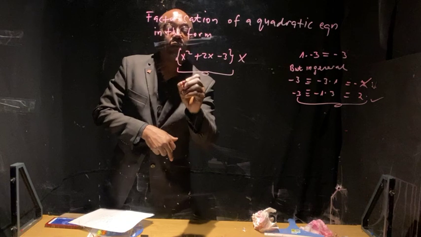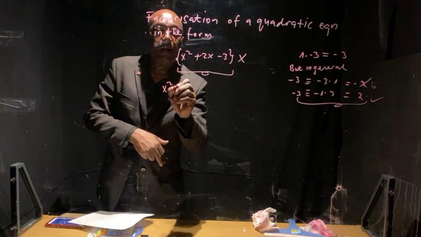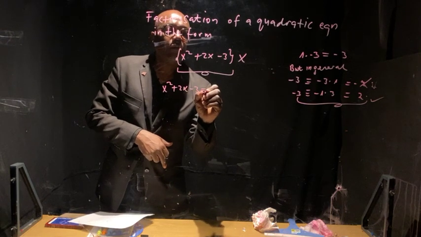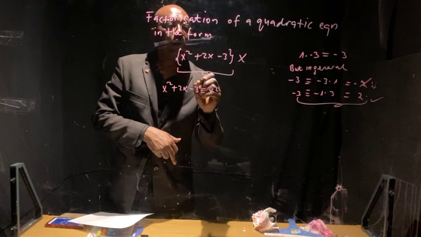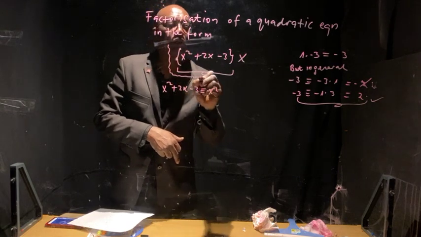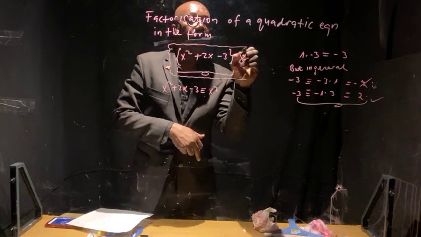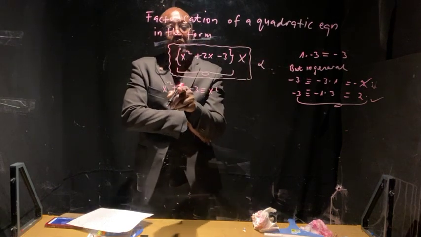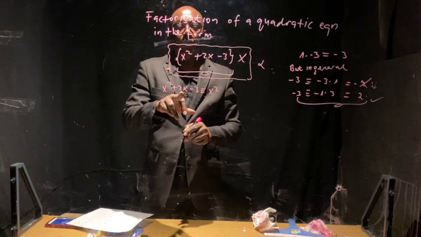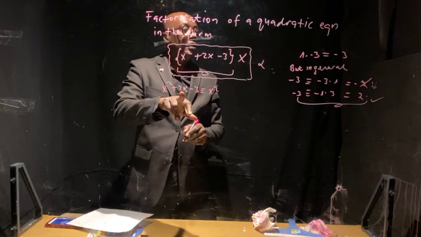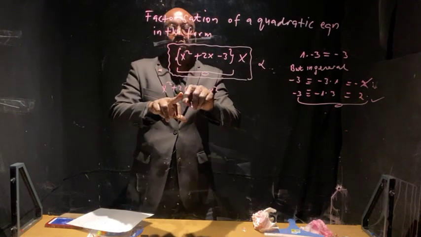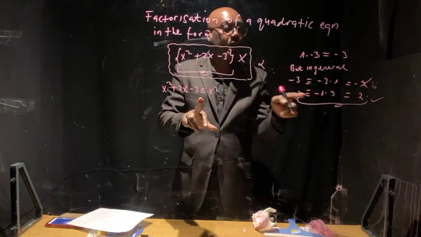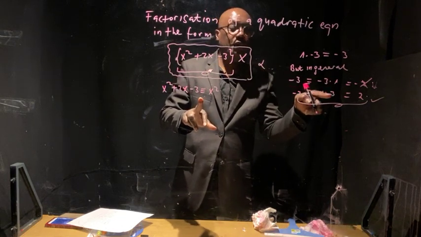In that case, this expression, x squared plus 2x minus 3, is not different from x squared. I'll call this one equation alpha. Good. We'll come back to it. X squared plus 2x. But we know that the factors of plus 2x is the same as minus 1 plus 3.